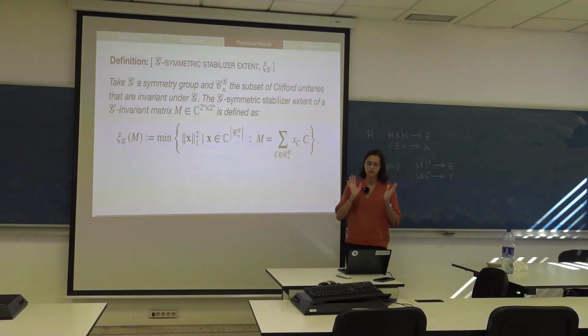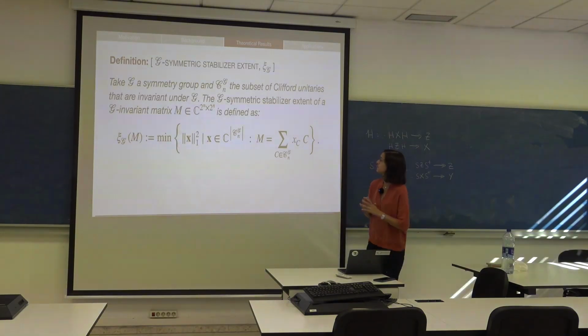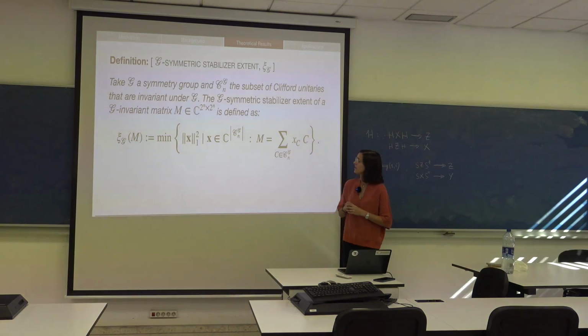First I'm going to give you the formal statement, the way we stated it, and then I'm going to say it in a completely informal way so that you understand what the result means. In the paper we define this quantity that we call the G-symmetric stabilizer extent.